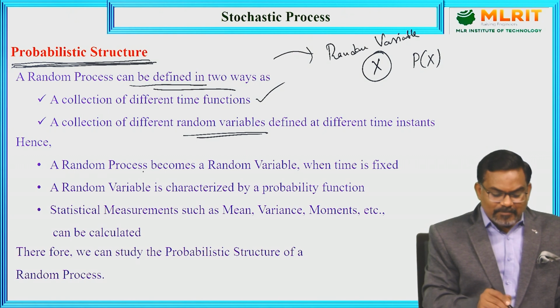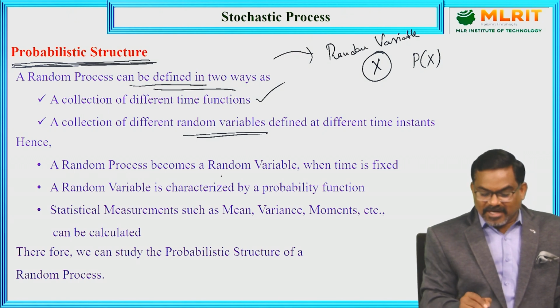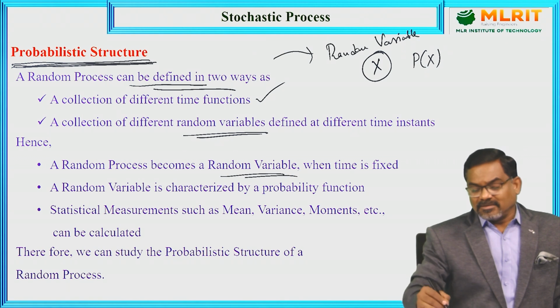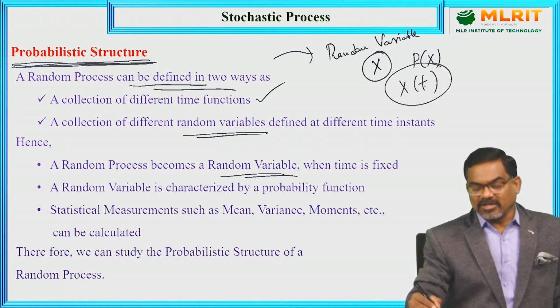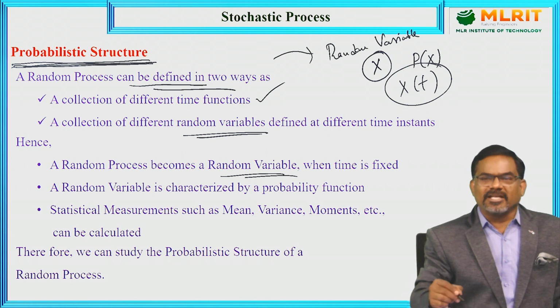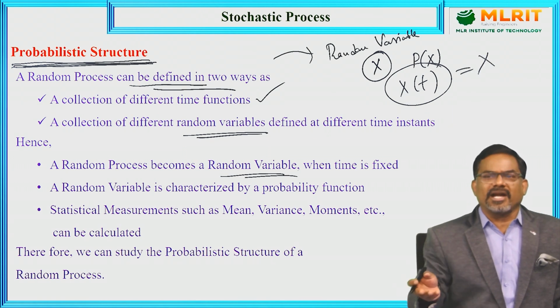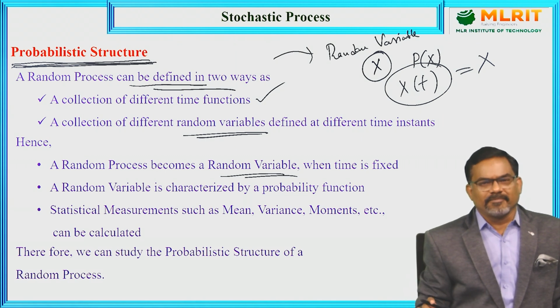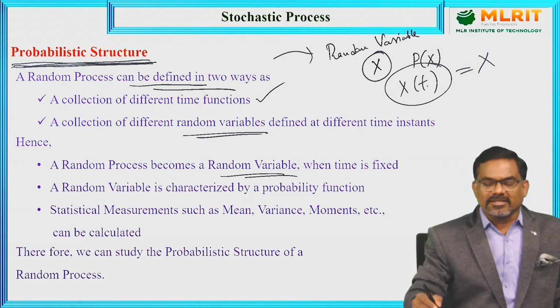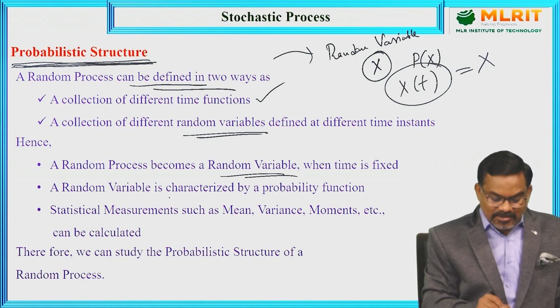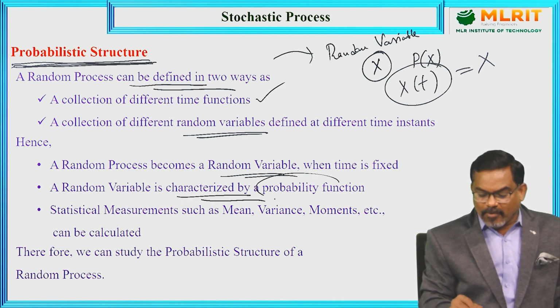And a random process becomes a random variable when time is fixed. For example, if x of t, the random variable depending on time t, if time is fixed, there is no change in time, then simply I can write it as x, which is a random variable. So, the process becomes a random variable, there it ends. If time changes, then it comes under stochastic process. So, a random variable is characterized by a probability function.